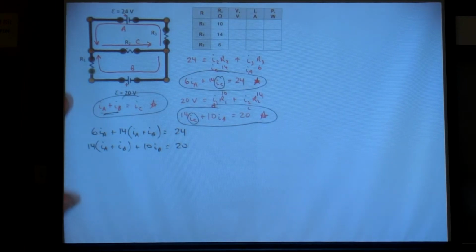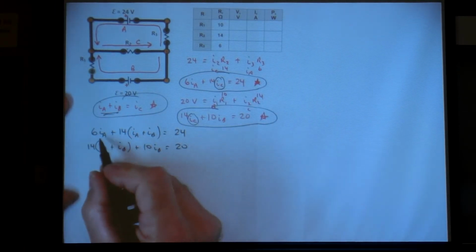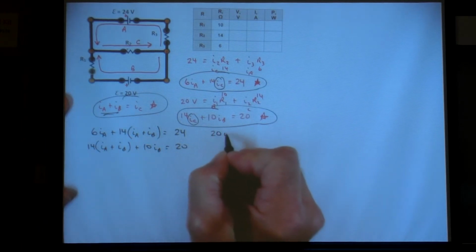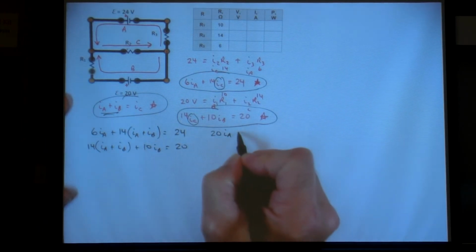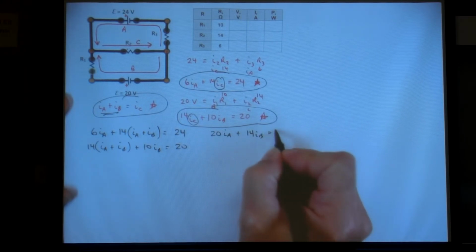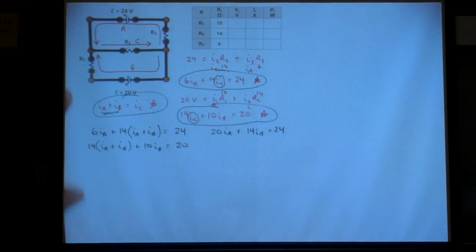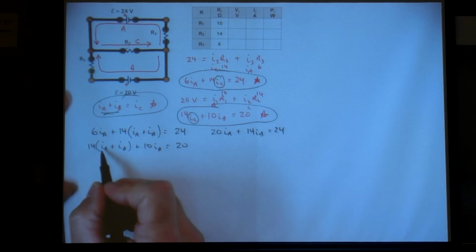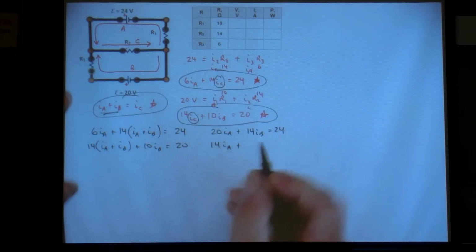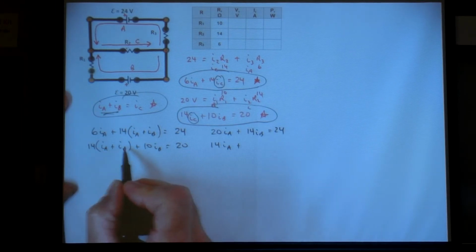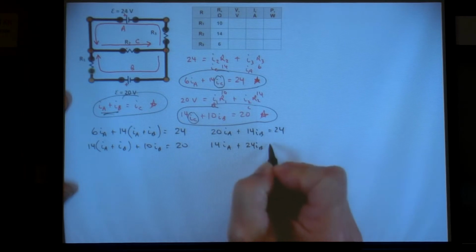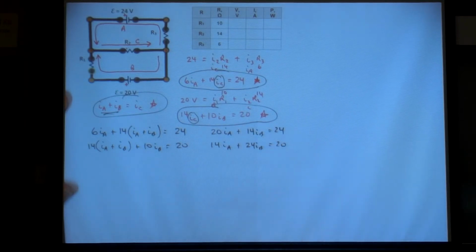Now if we reduce and combine like terms, we're going to get 6 IA plus 14 IA, that's 20 IA plus 14 IB equals 24. And we're going to have 14 IA plus 14 IB plus 10 IB, that's 24 IB equals 20.